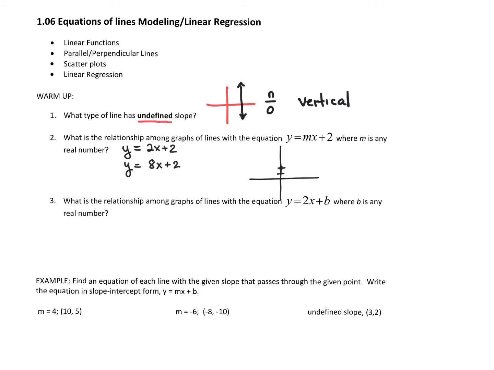The difference is that y equals 2x plus 2 would rise 2 and run 1, and we would have this line. And y equals 8x plus 2, we would rise 8 and over 1. So the relationship is that they have the same y-intercept and different slopes.